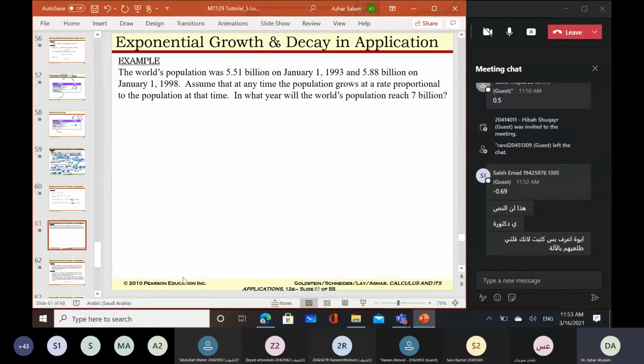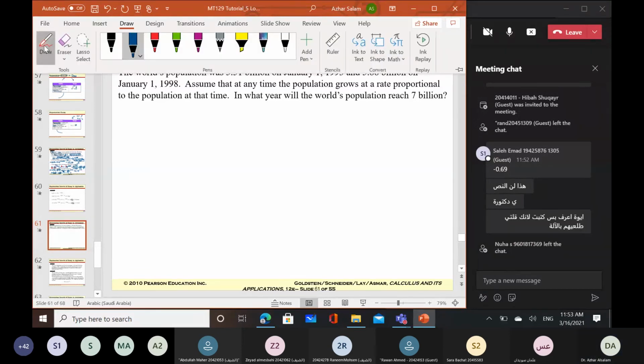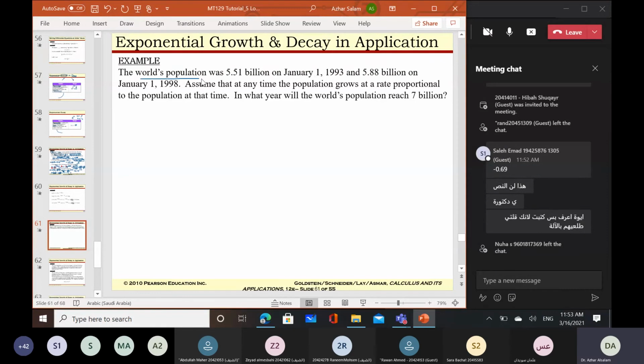Okay, I still have two examples. I will take one and leave the final one for the next lecture. The question here is about the world's population. I have the world population in certain years. It was 5.51 billion on January 1st, 1993. In that year, this was the population of the world.